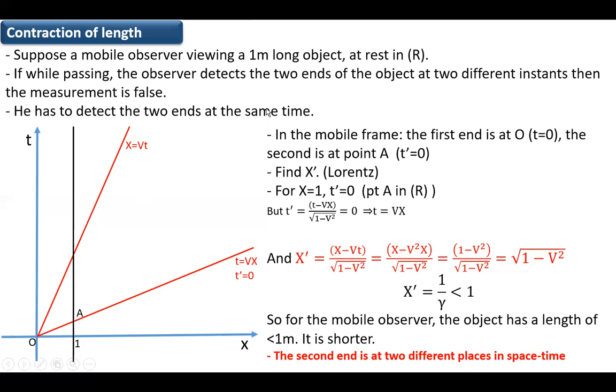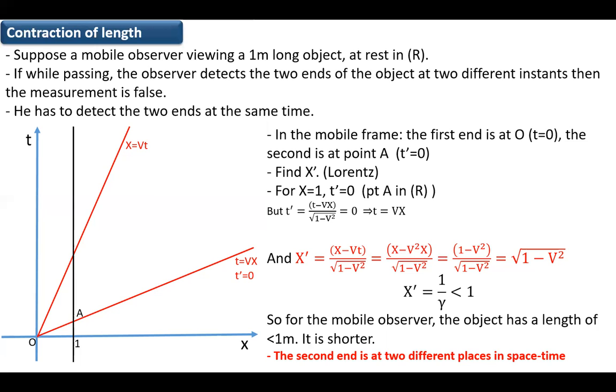Otherwise, your measurements would not be synchronized, and your measurement will be completely false. So this observer, this passing observer, this mobile observer, needs to observe the two ends of the object at exactly the same time.